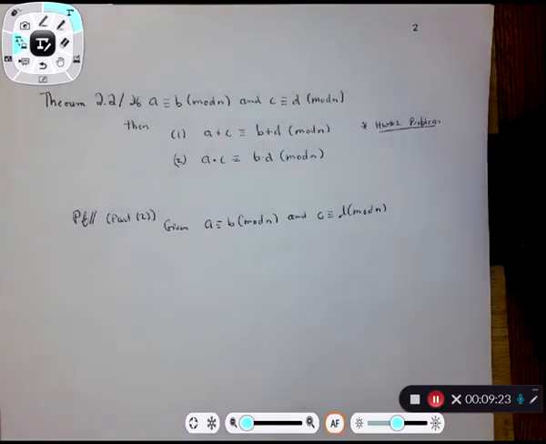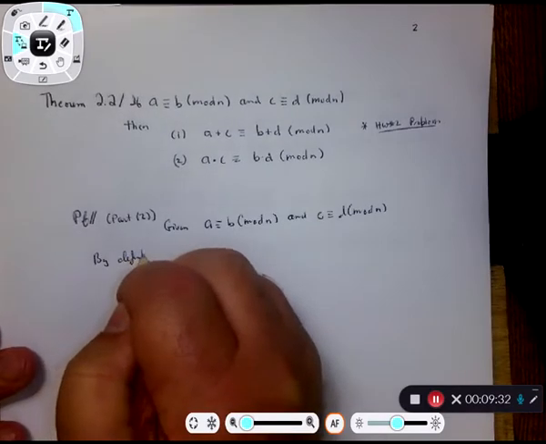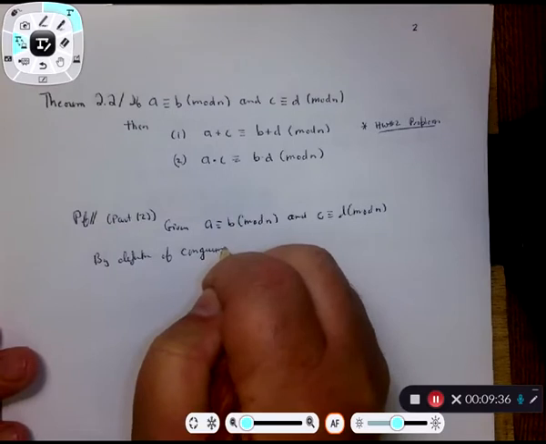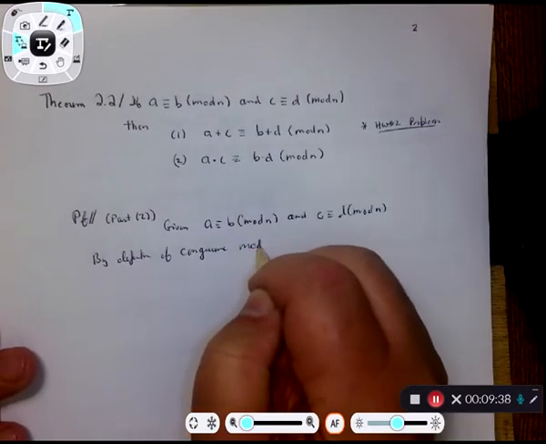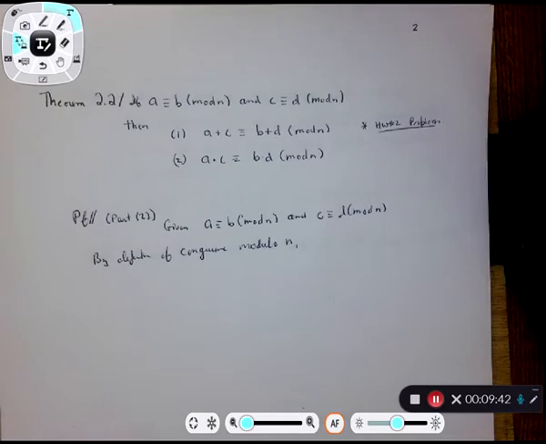So since you're both modding out by the same thing, n, you can put these two together. By definition of congruence modulo n, what does it mean for A to be congruent to B mod n?